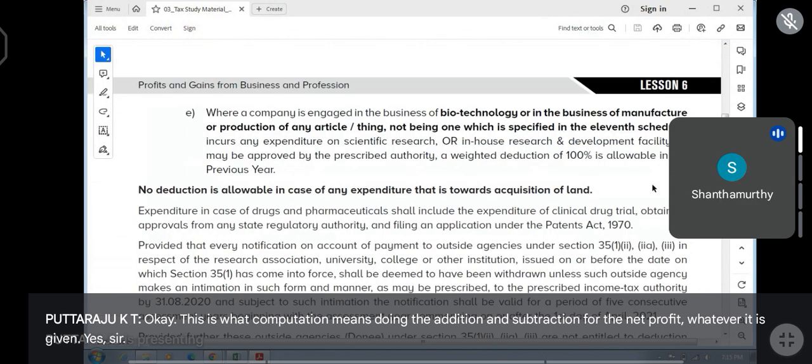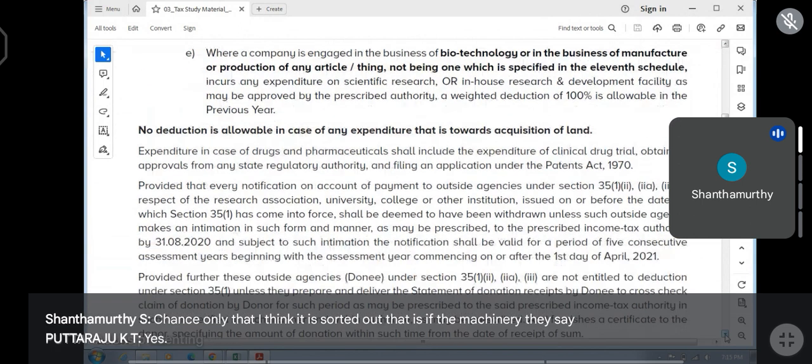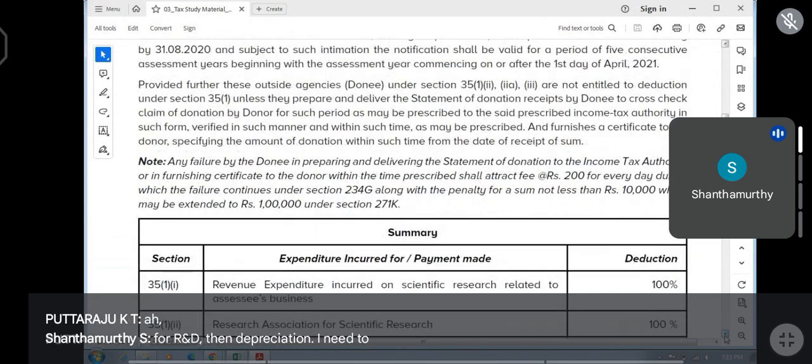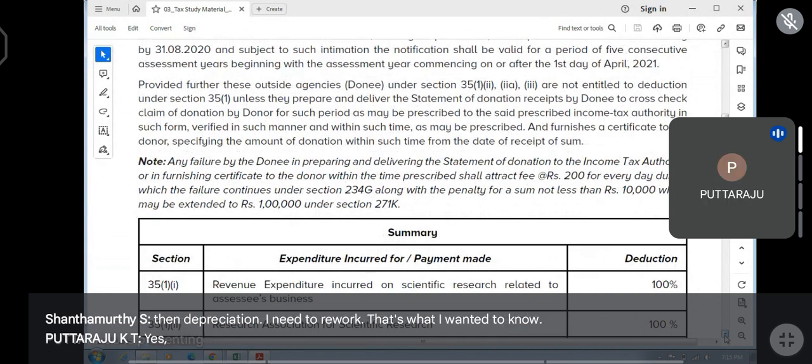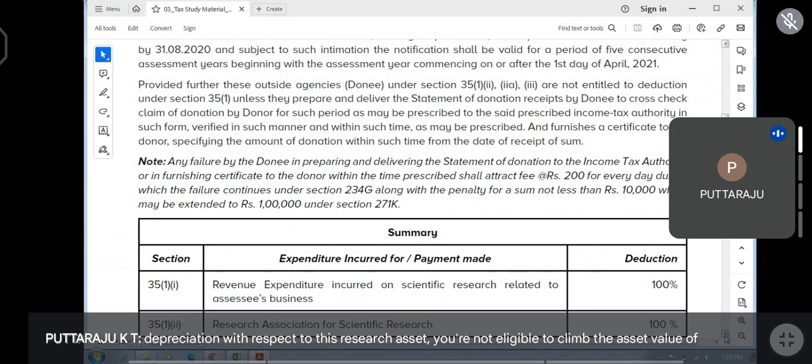My question was only that; I think it is sorted out. That is, if the machinery includes 5 lakh purchase for R&D, then depreciation I need to rework. That's what I wanted to know. Yes, but if you claim depreciation with respect to this research asset, you are not eligible to claim the asset value as deduction.